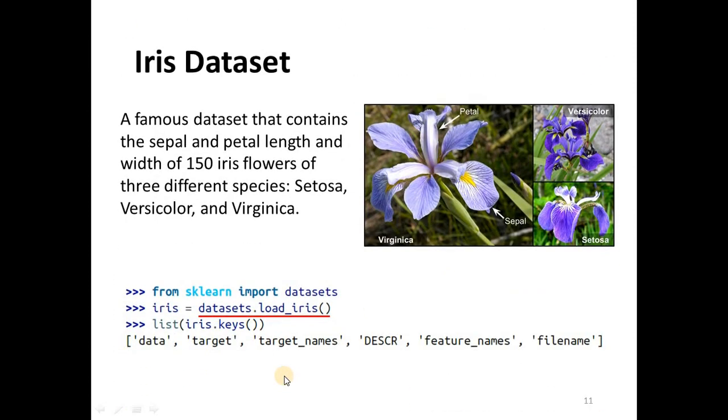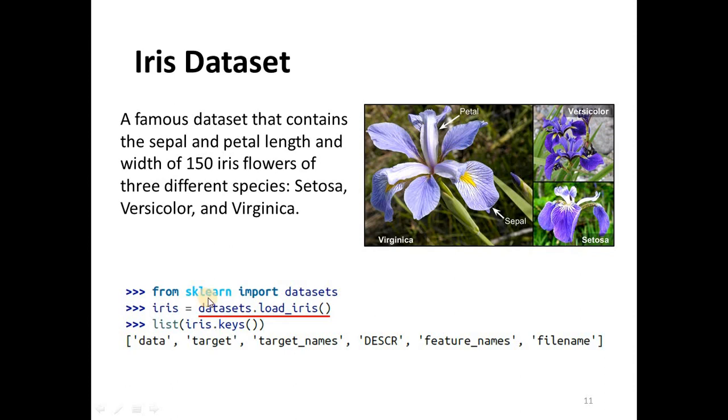Now, I'd like to describe an important dataset, which is the IRIS dataset. It is a famous dataset that contains 4 features, which are the sepal and petal length and width of iris flowers. There are 3 classes: the setosa iris, the versicolor iris, and the virginica iris.